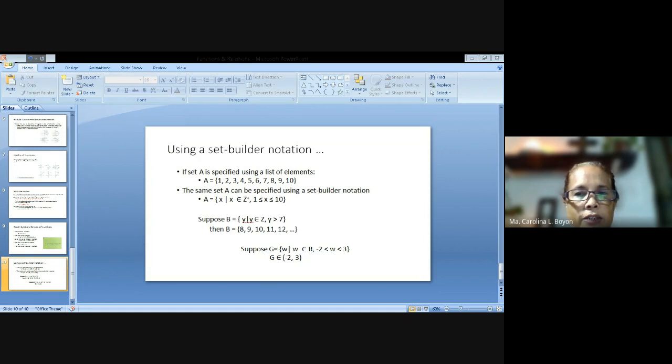The two-dimensional plane has four quadrants. First quadrant: both X and Y positive. Second quadrant: X is positive, Y is negative. Third quadrant: both X and Y negative. And the fourth quadrant: X is negative and Y is positive. So we go clockwise. This is where we will end.